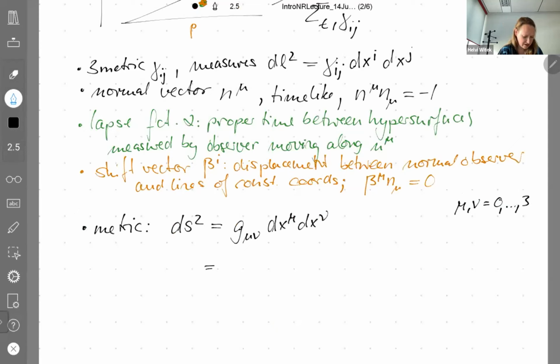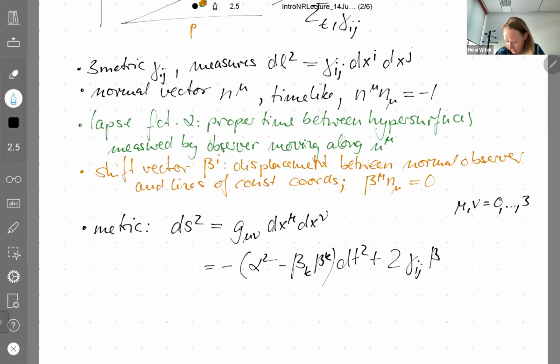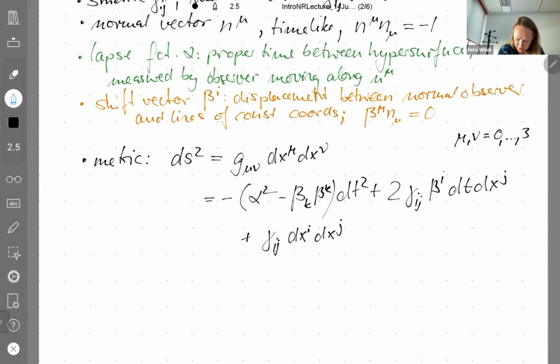And I can rewrite that now in 3+1 language as (-alpha^2 + beta^2) dt^2 + 2 beta_i dt dx^i + gamma_ij dx^i dx^j, where gamma_ij are my spatial components.